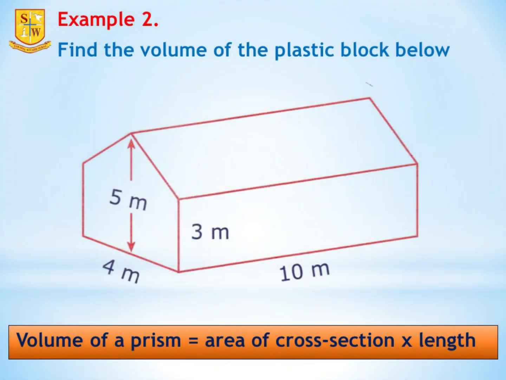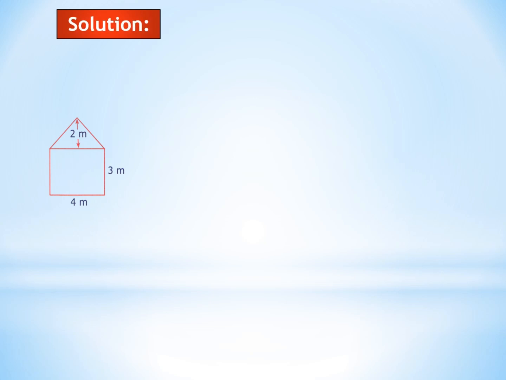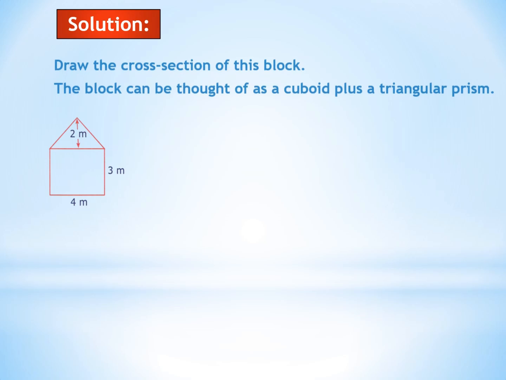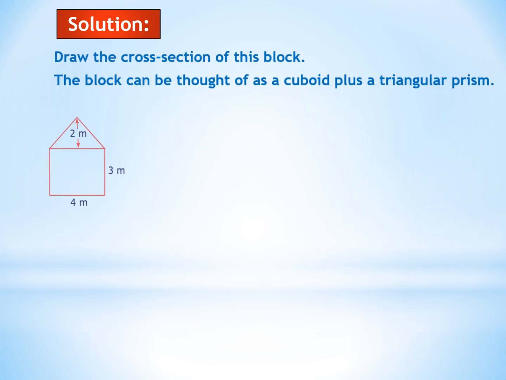Example number 2. Find the volume of the plastic block below. The side is 4 meters by 10 meters and the height is 5 meters. Take note that the volume of a prism equals the area of the cross-section times length. Here is the solution. Draw the cross-section of this block. The block can be thought of as a cuboid plus a triangular prism. Here is the diagram.